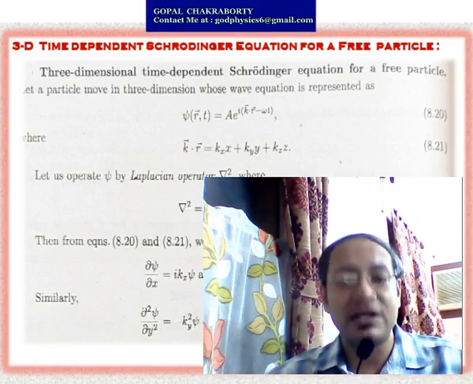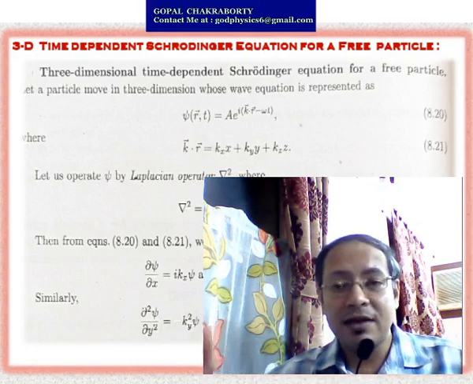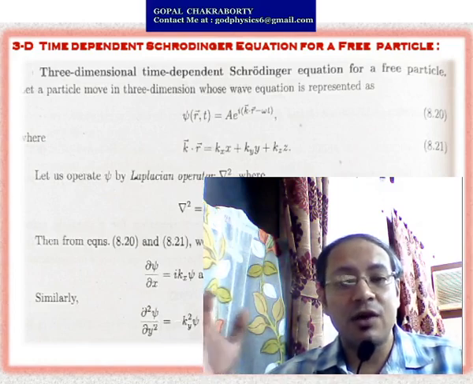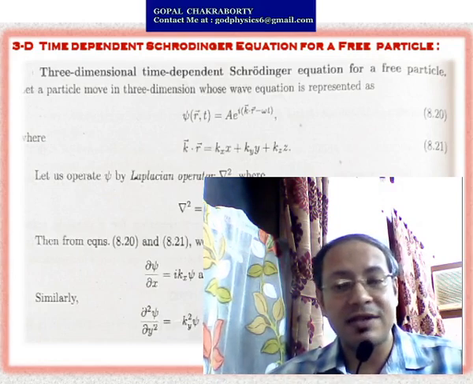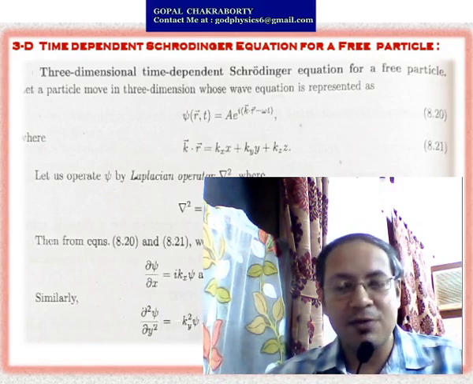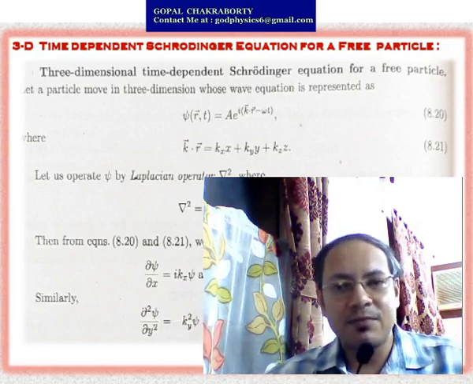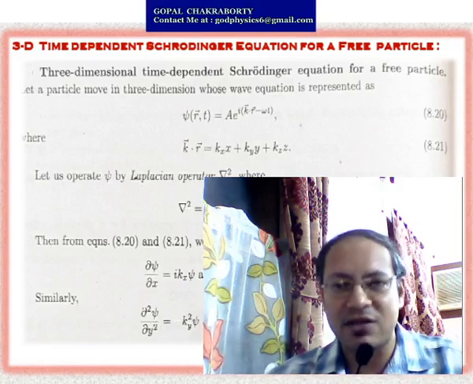The combination of the three gives the total second order space derivative of the wave function psi. Now I will show you the procedure to find the three-dimensional time-dependent Schrodinger equation.